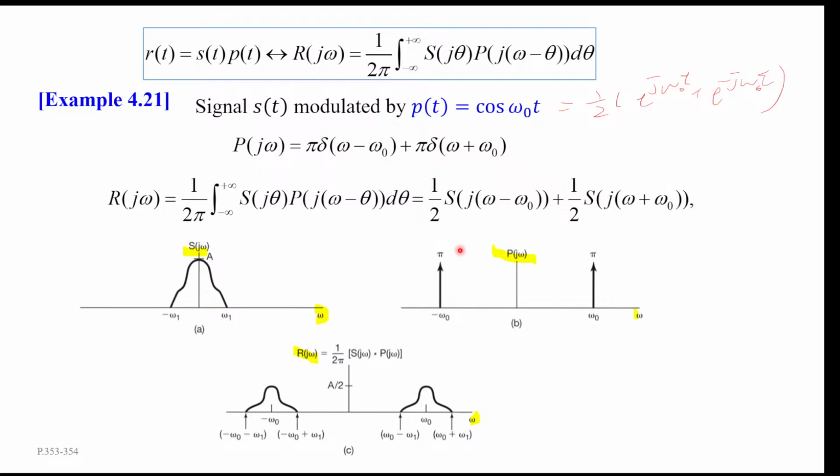So you have a shift in each direction. Then you work out the constants: this pi cancels with the 1 over 2 pi and becomes 1 over 2, and similarly you have 1 over 2 here.